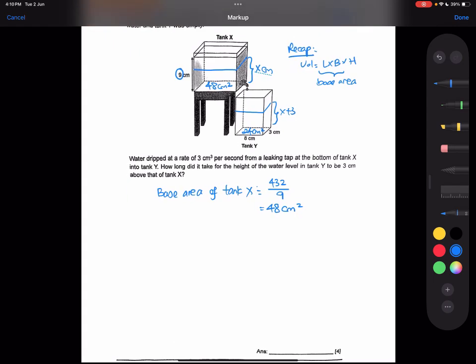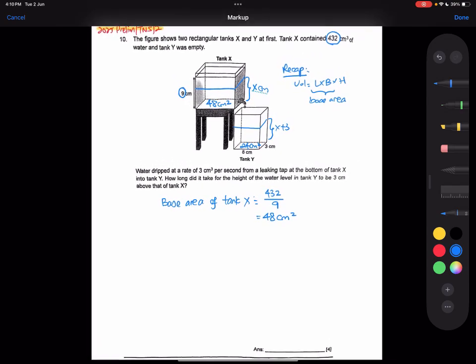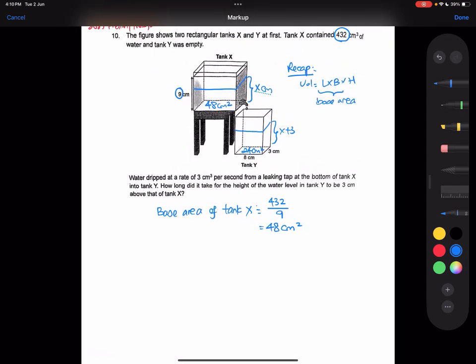Alright, now we know the total volume is 432. So let's work this out. Volume of water in tank X will be base area 48 multiplied by x, plus volume of water in tank Y, which is base area 24, multiplied by the height of the water, which is x plus 3.